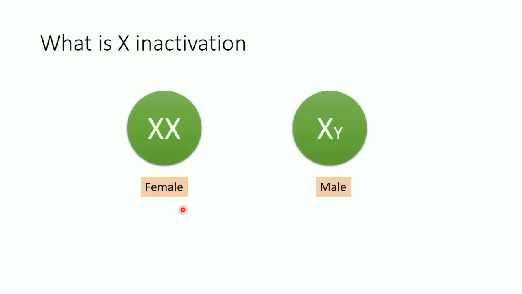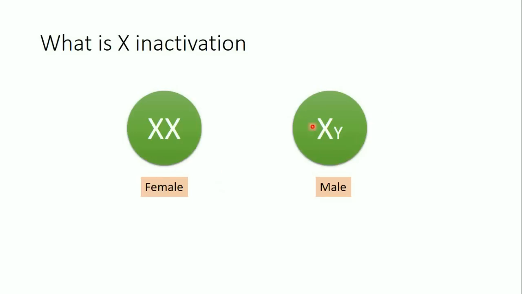So first, let's speak about what is X inactivation. So you know that in normal cells, the females have XX sex chromosomes, and the males have XY sex chromosomes. And since the X chromosome is a very important one, and it carries not only sex genes or sex traits, but also somatic traits.